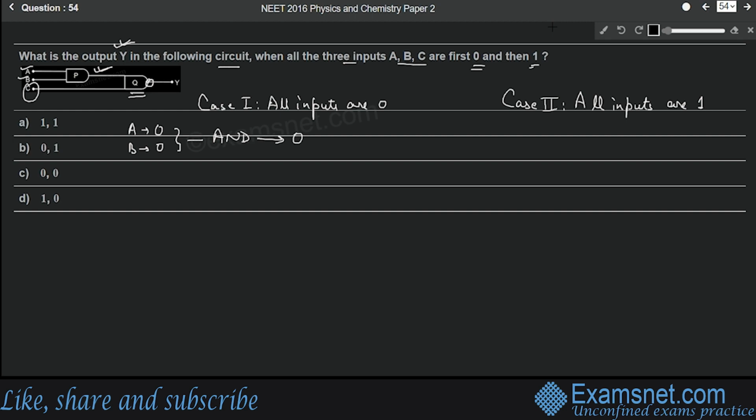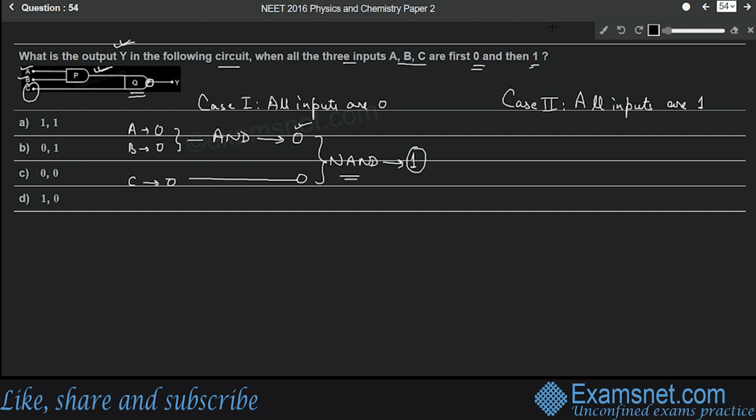Now this output along with the input C, which is also 0 in this case, are passing through the NAND gate. If it had been an AND gate, the output would be 0, but since this is NAND, which behaves just opposite to AND, the output will be 1. So the output in the first case will be 1.